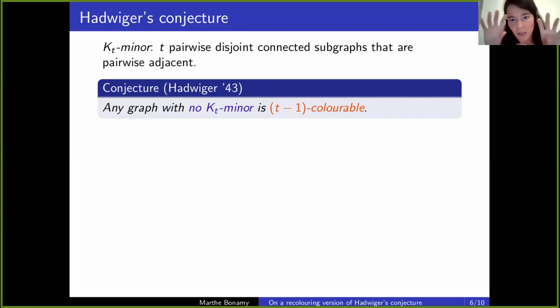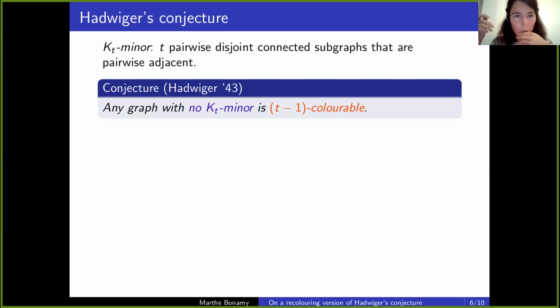Between any two blobs, you should have some edge. It doesn't have to be further constrained than that, but you should have t disjoint blobs, and between every pair there should be at least one edge. So that's a K_t minor. That's when the graph contains a clique on t vertices as a minor.